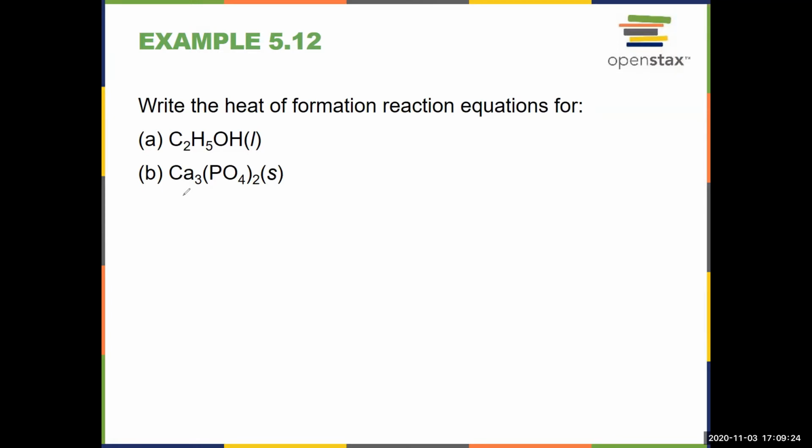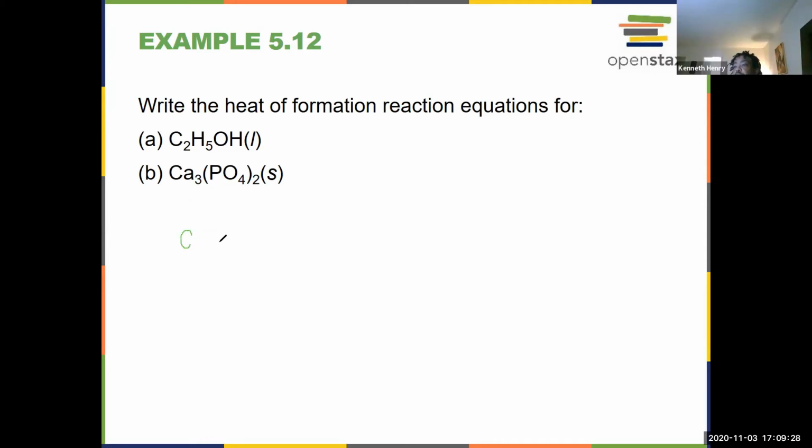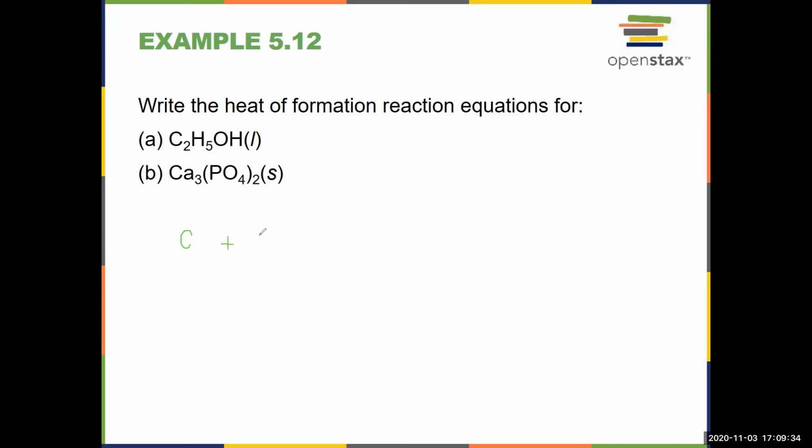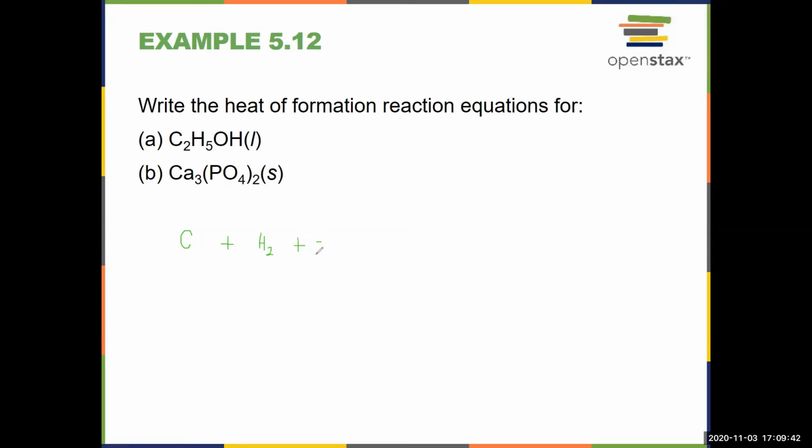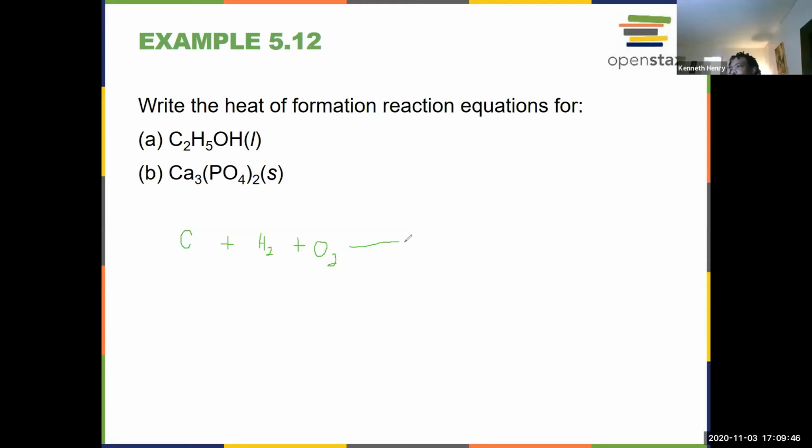Carbon, hydrogen, and oxygen. What is the chemical formula for hydrogen? H2. And for oxygen? O2. And that's going to yield our ethanol.